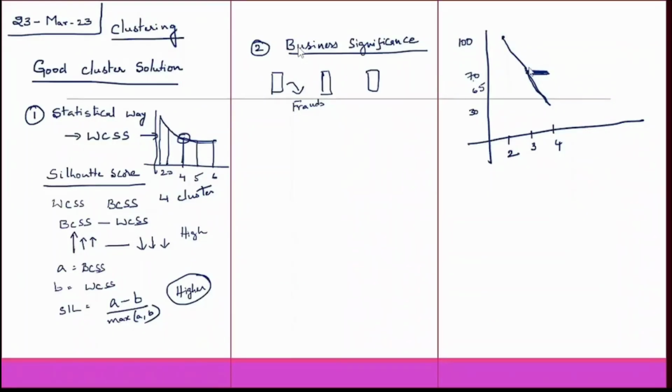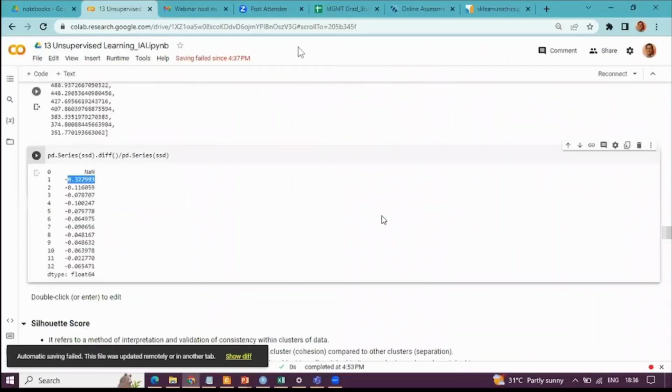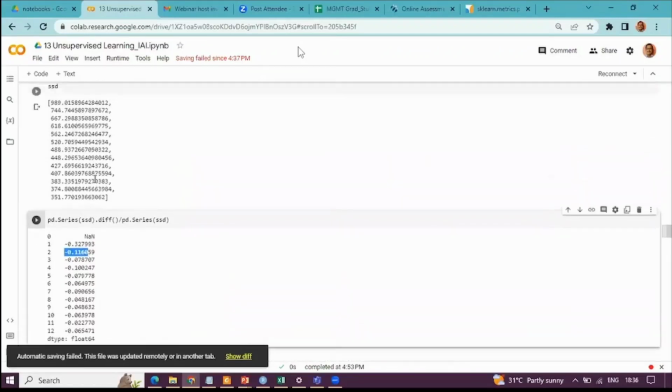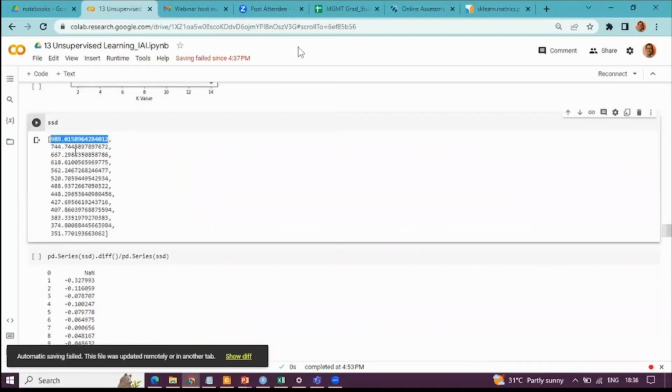So here we could see that suddenly from a 32% fall, it has gone to an 11% fall. So we can very well say that the initial solution, which is a 2 cluster solution, itself is a better solution, because when I came to 3, there was a fall.